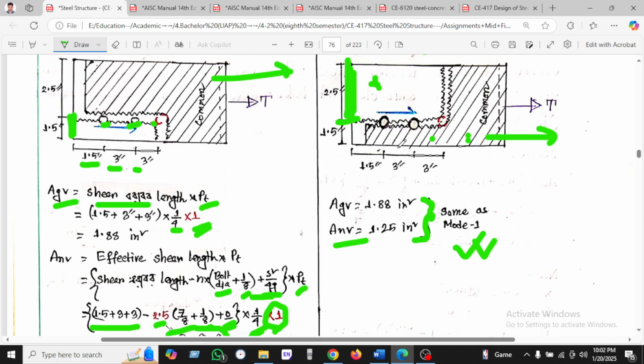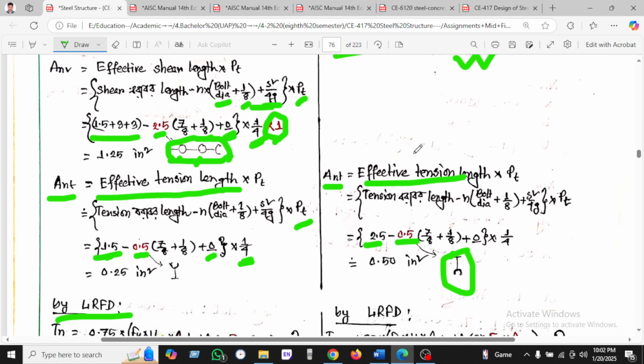Only one row of bolts occurs, the bolt diameter is given as 7 by 8, the 1 by 8 is constant, the staggering is 0, and the thickness is given as 1 by 8.